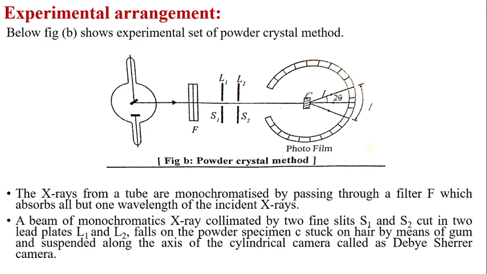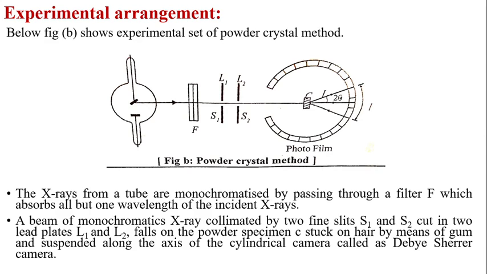It is made well collimated here, and there is a slit. Here we can observe the diffracted or scattered X-rays, and this is the X-ray powder photograph which is obtained here.